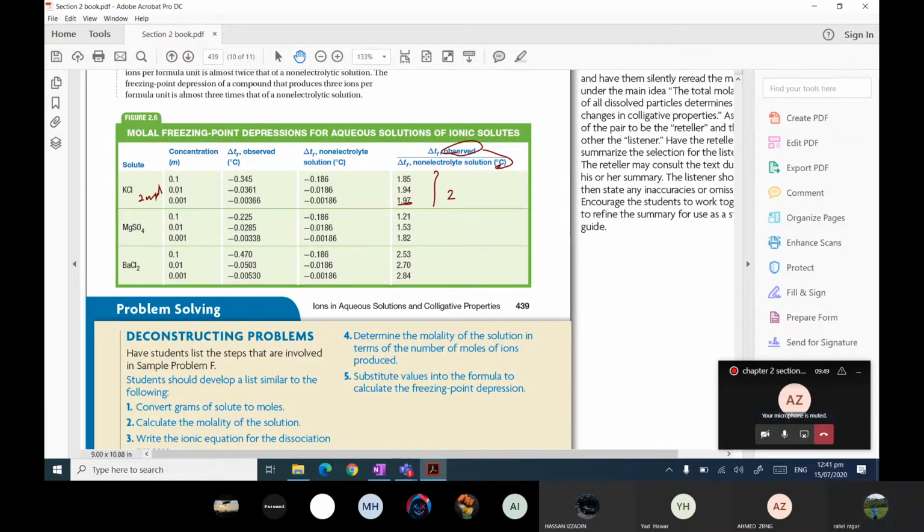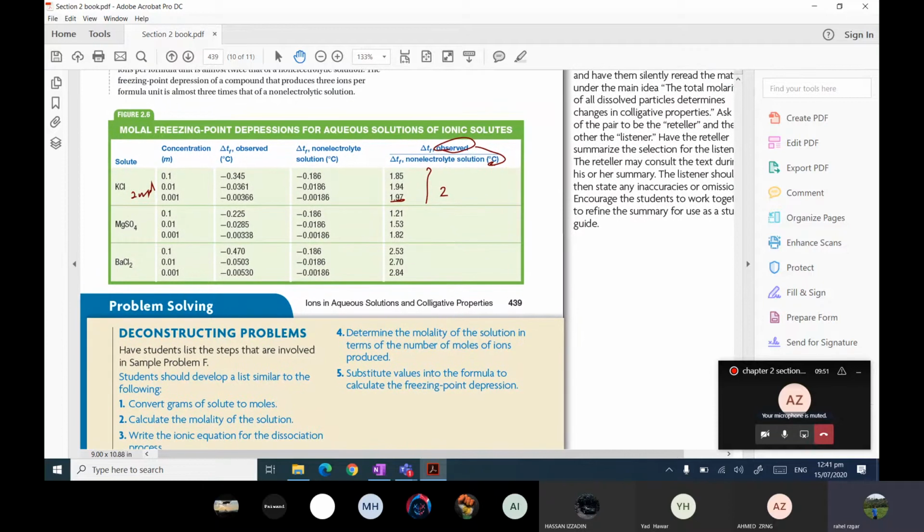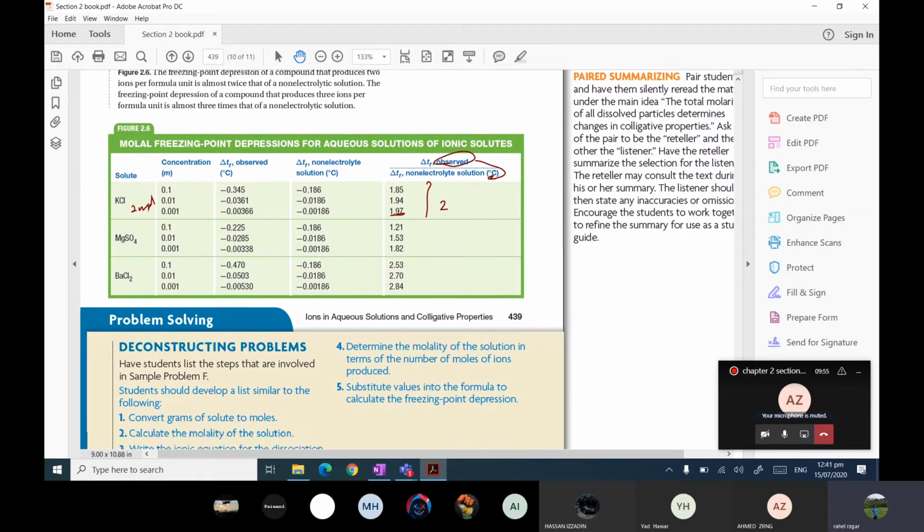It is 1.97 times that of a non-electrolyte. So there is a difference between what we expect, which is 2, and what is actual, which is 1.97.